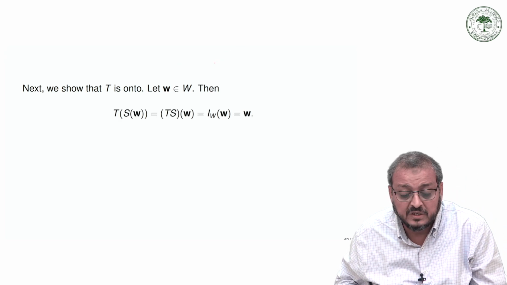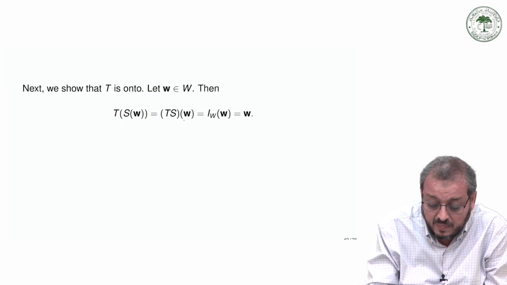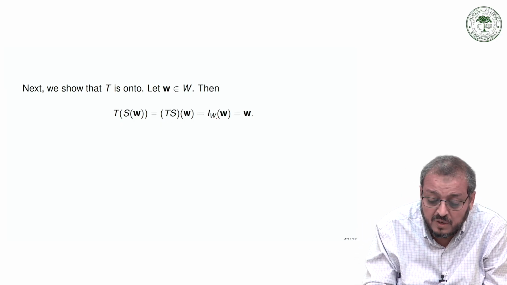map. Now we have T of S of W. Now we can write it in this form, and this is equal to this.